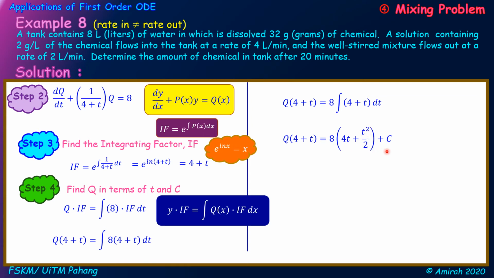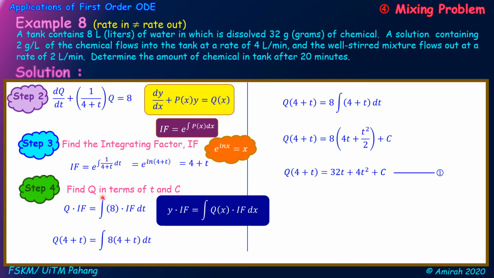Then we put plus c at the back. After that, we expand one by one, so we get Q times 4 plus t equals 8 times 4t, which is 32t, plus we simplify 8 and 2 here, so we get 4t squared plus c. Then we name it equation 1.